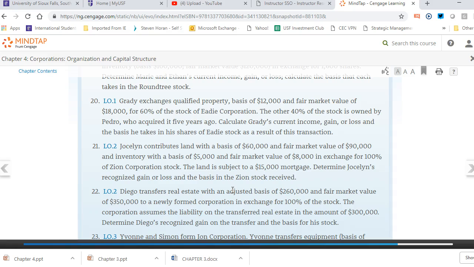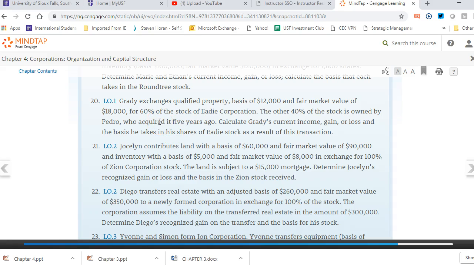That means that there will be a taxable event. So essentially, think of it like this. Basis of 12, fair market value of 18. Okay, so clearly then we have a realized gain of 6,000, and that realized gain is taxable. Okay, so it's just that simple.